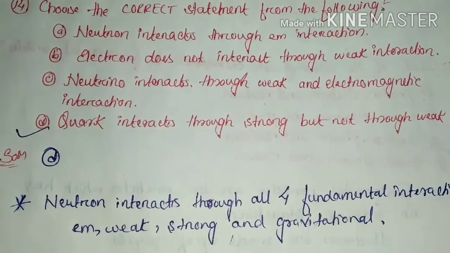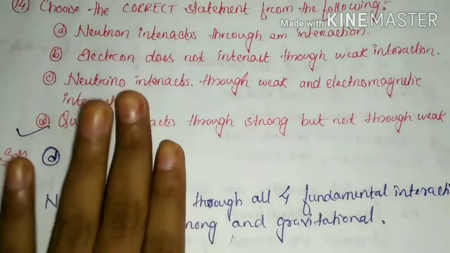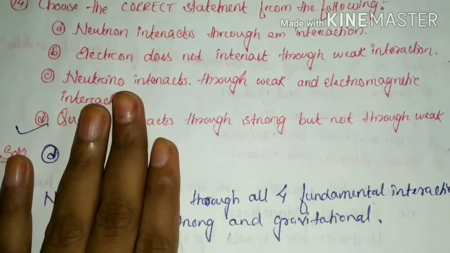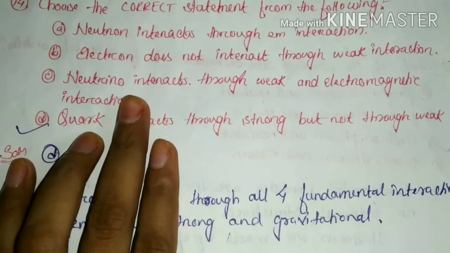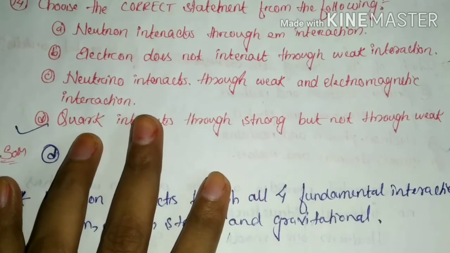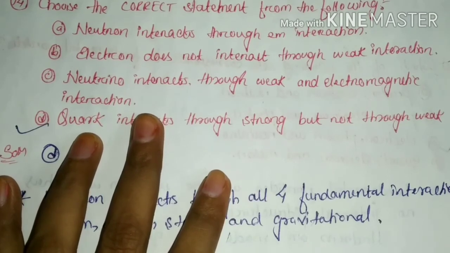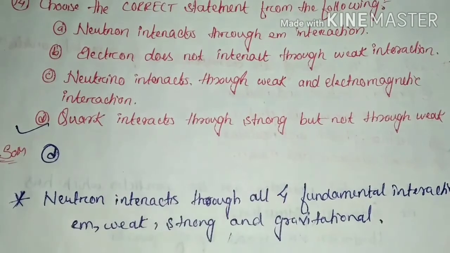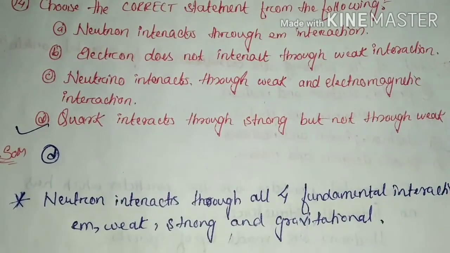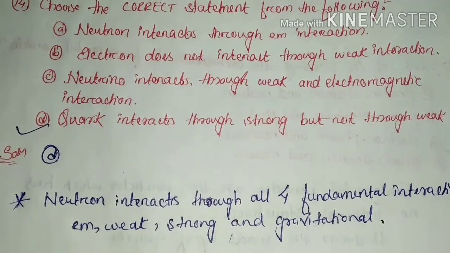Here one thing I would like to say for the case of neutrinos. Neutrinos are massless and they do not have any electric charge like other particles. This is the reason that neutrinos interact only through the weak nuclear force, and quarks interact through the strong nuclear force. Leptons interact through electromagnetic and weak nuclear force.